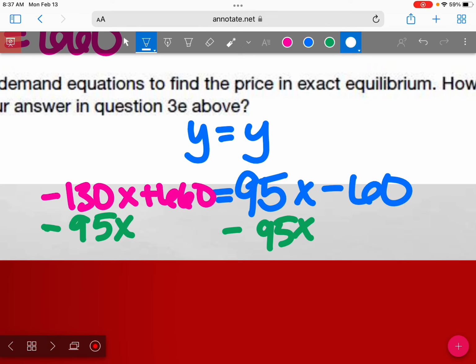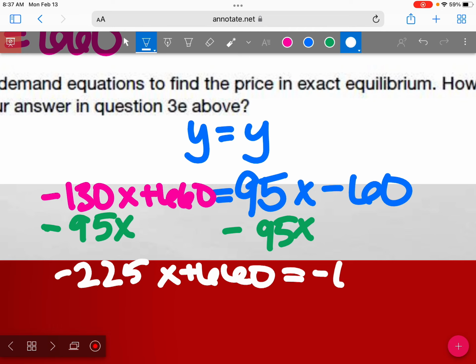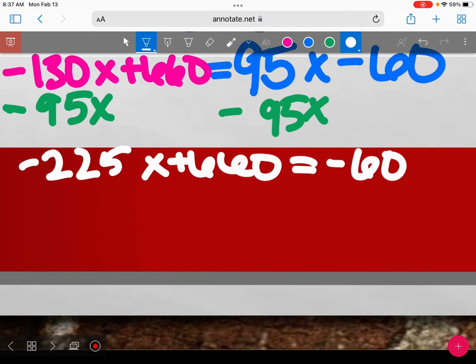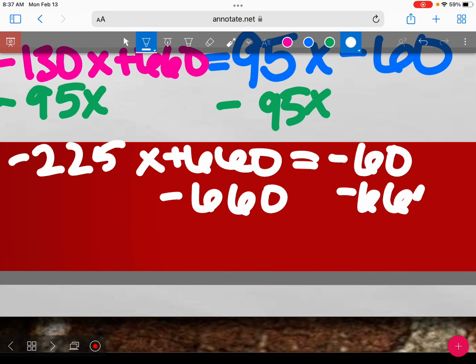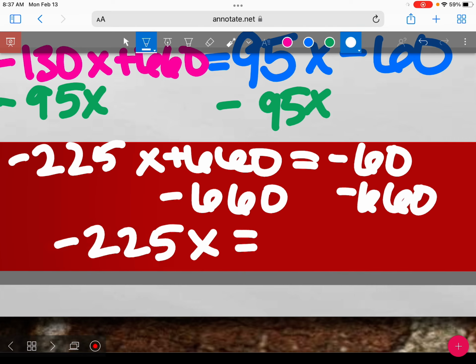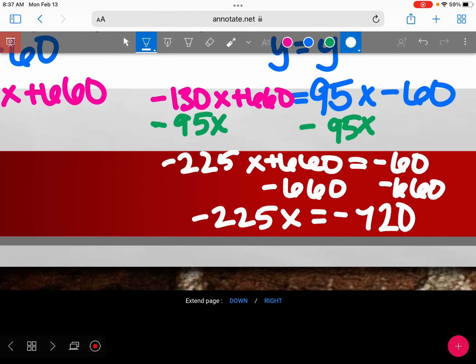Negative 225x plus 660 equals negative 60. So what do we do to combine like terms again? Subtract 660. So your negative 225x equals negative 720.